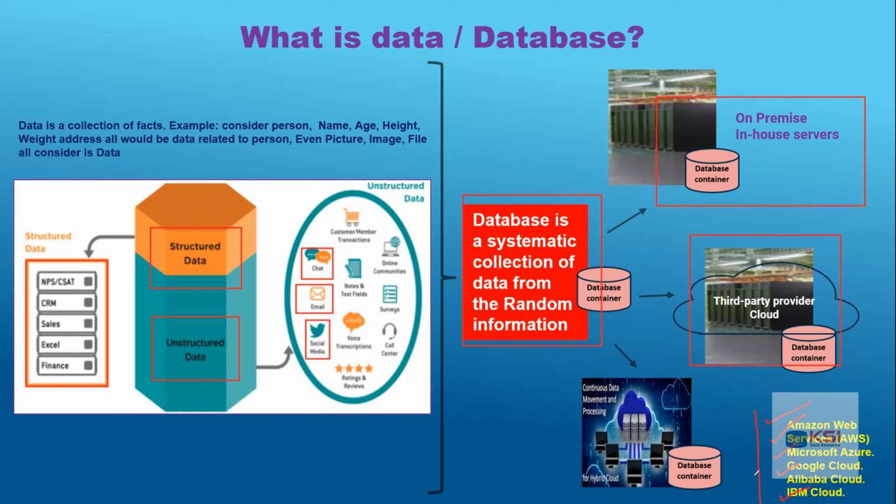These are third-party providers. You have to buy the space from them. So that means, even if you are working in Bangladesh, you bought a space that could be somewhere in the US. So you are keeping your data inside the cloud. All you have to do is buy the space and keep everything inside the server.